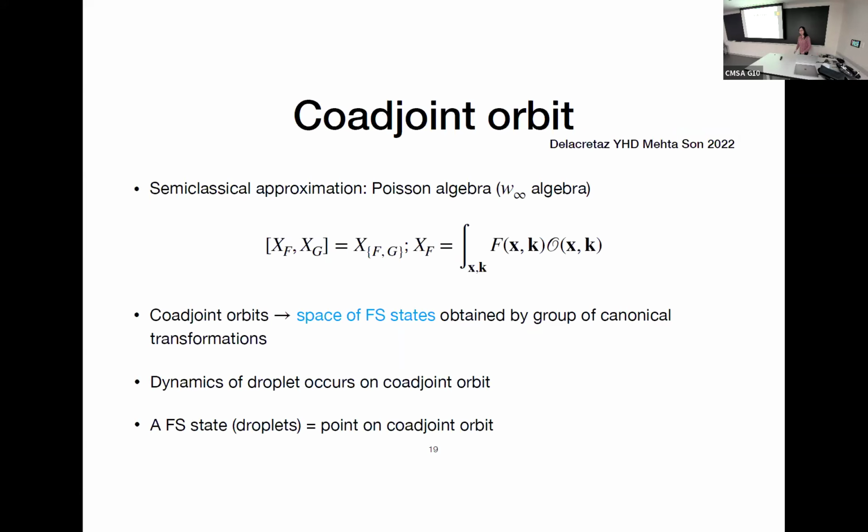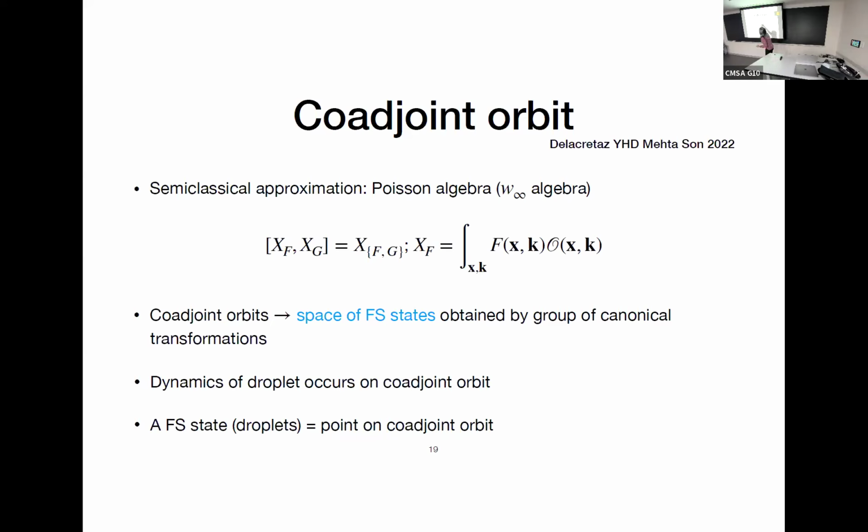Now we can take the step of doing the semi-classical limit, and this goes back to our previous work on the topic of the coadjoint orbit. If we want to take a semi-classical approximation, there is some algebra that we need to be aware of.